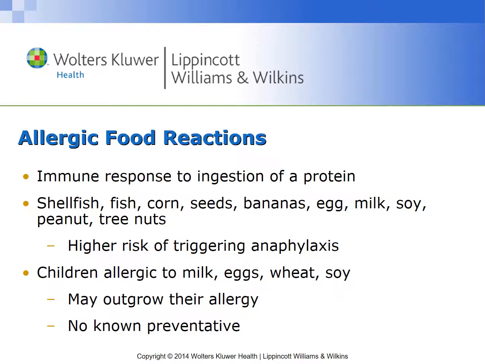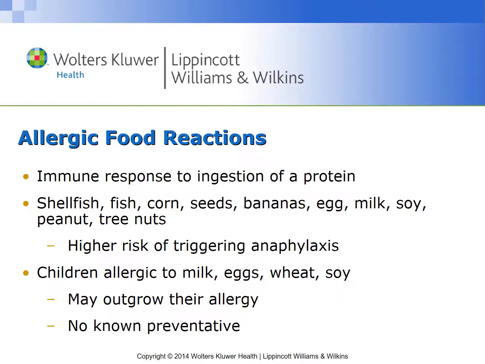Food reactions are also an immune response, and you know, we have a lot of folks that are very allergic to certain foods: shellfish and corn, seeds, bananas, eggs, soy, peanuts, tree nuts, and they can trigger an anaphylaxis.